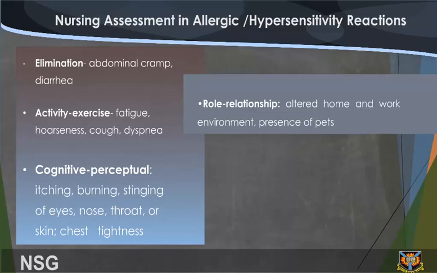Activity, exercise: fatigue, hoarseness, cough, dyspnea. Cognitive, perceptual: itching, burning, stinging of eyes, nose, throat or skin, chest tightness. Role, relationship: altered home and work environment, presence of pets.